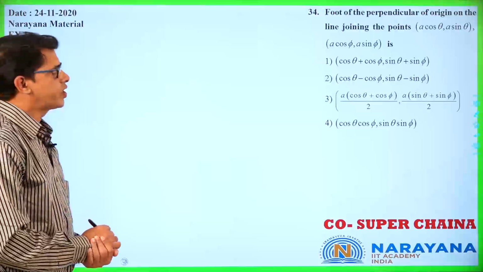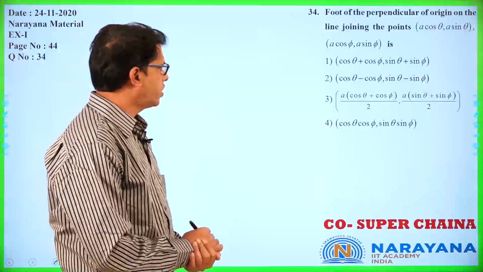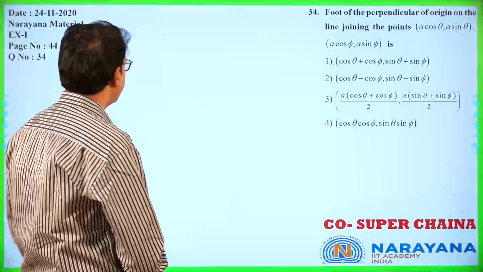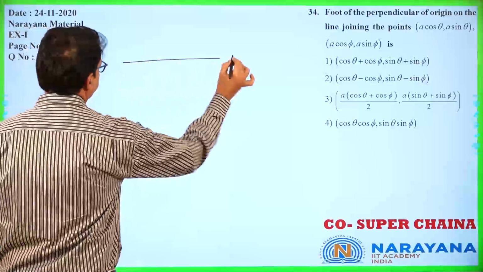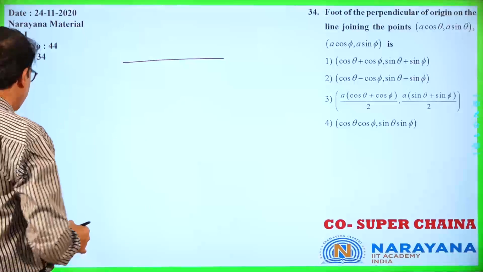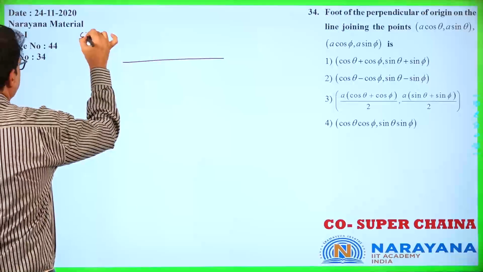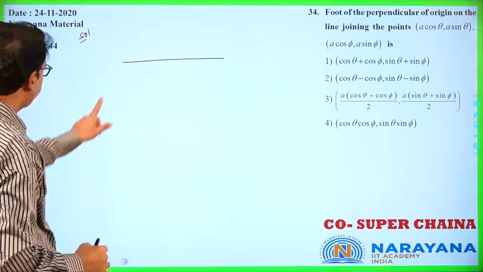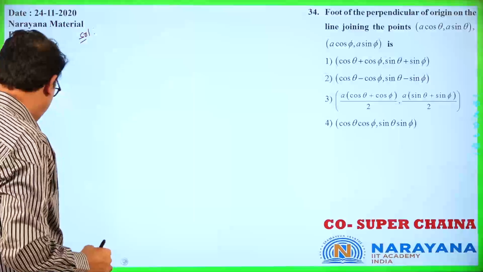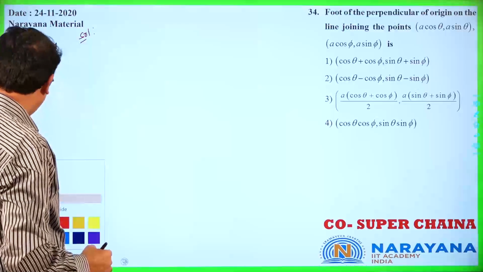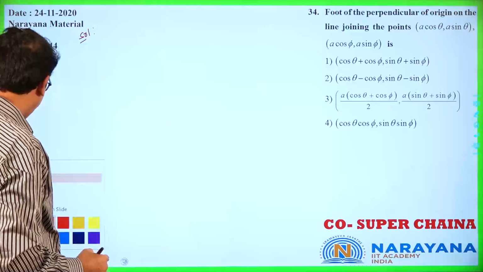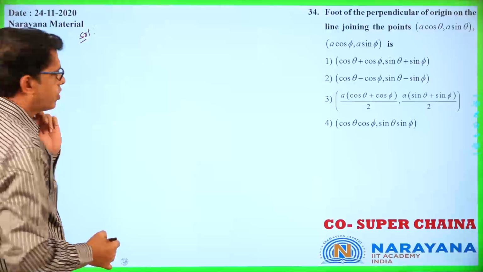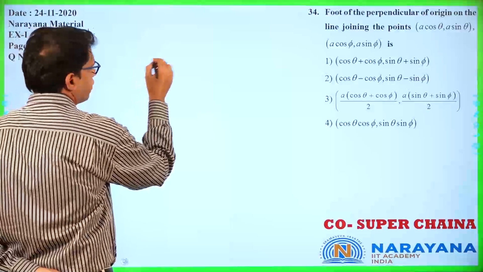Here, foot of the perpendicular of origin on the line joining the points. Observe the given points. We need to find the foot of the perpendicular from the origin.